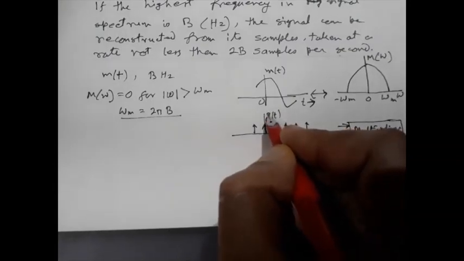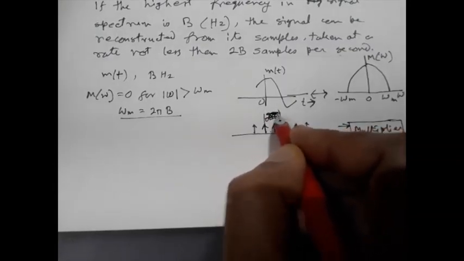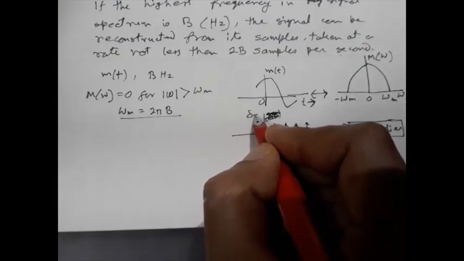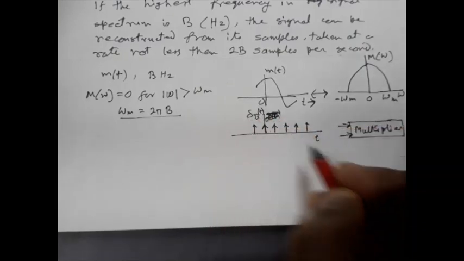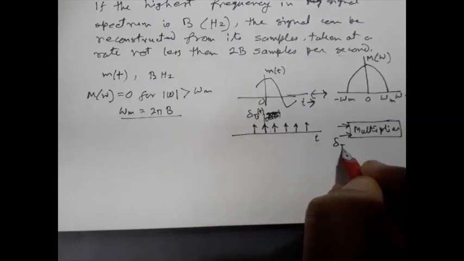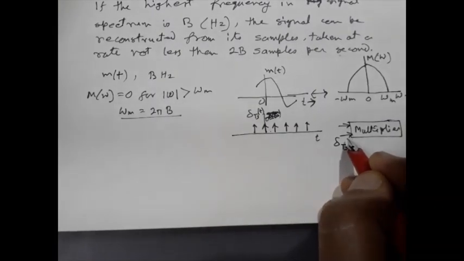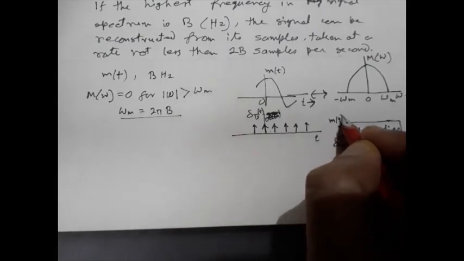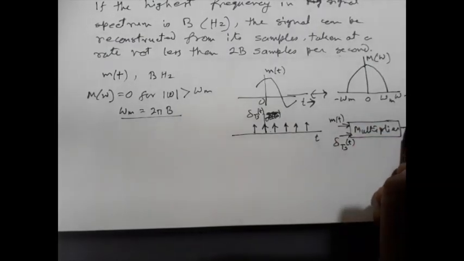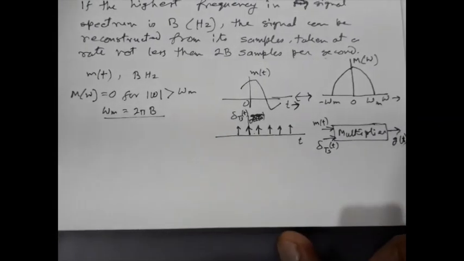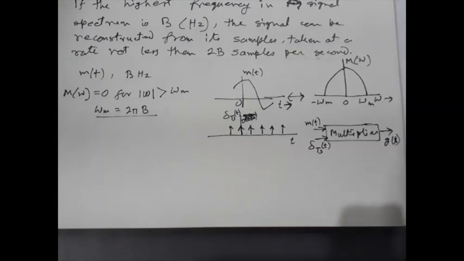One is the train of impulses, delta Ts, and the other is m(t). The output g(t) is the sampled signal.